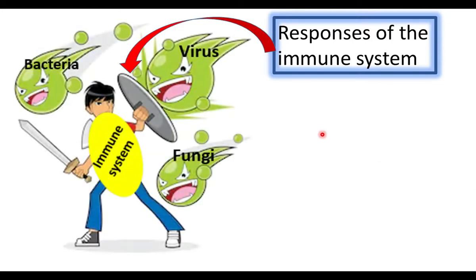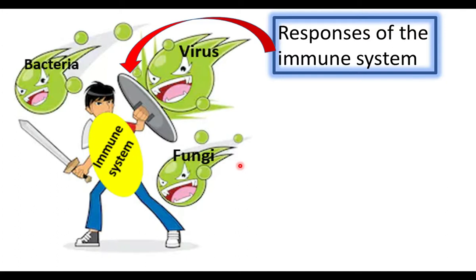The immune system shows responses after the entry of the disease-causing foreign agents. The immune system shows response against bacteria, viruses, fungi, and other foreign environmental agents. One of the immune responses is production of antibodies.